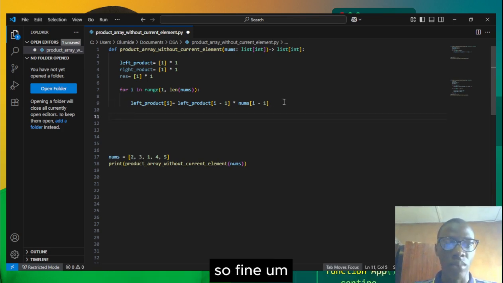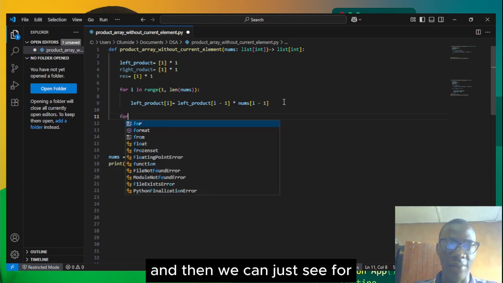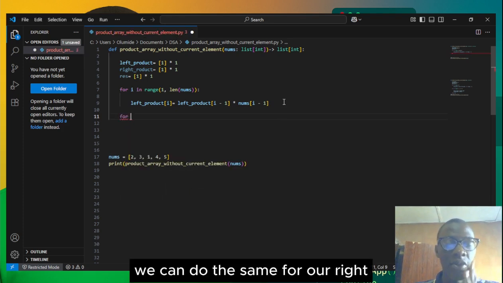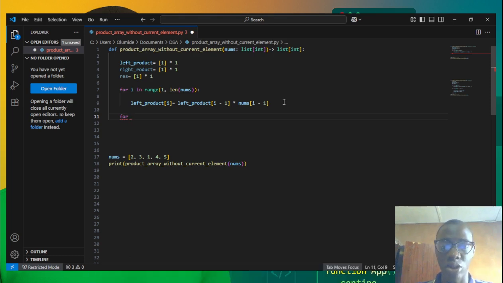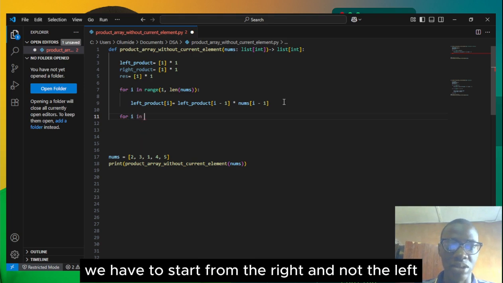Fine. And then we can do the same for our right product. But in doing so, don't forget we have to start from the right and not the left.